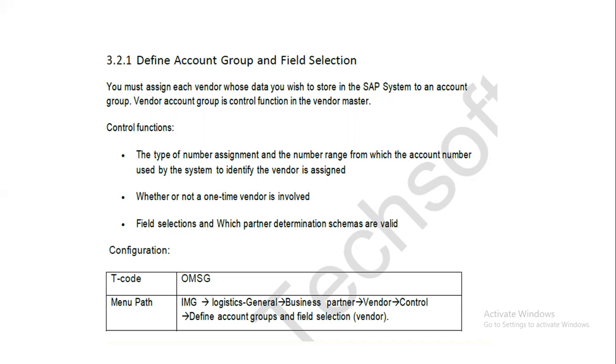After the creation of number ranges, we have to assign them to the vendor group. The number range can be assigned by the following steps. On the same screen, we select the number ranges tab and assign the vendor group.